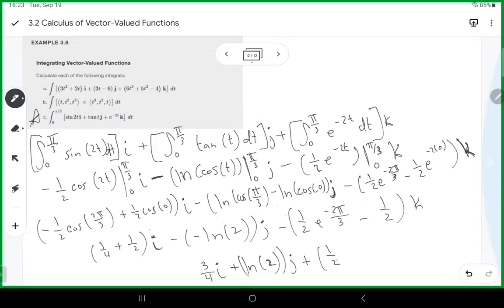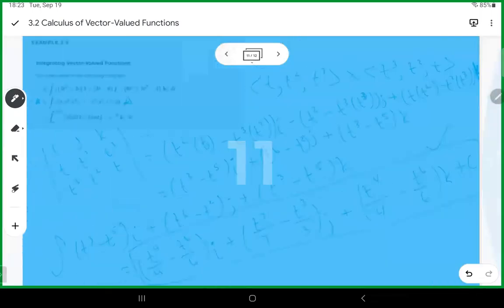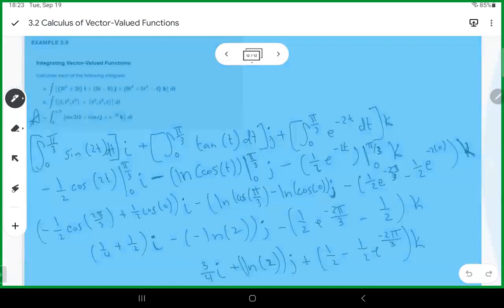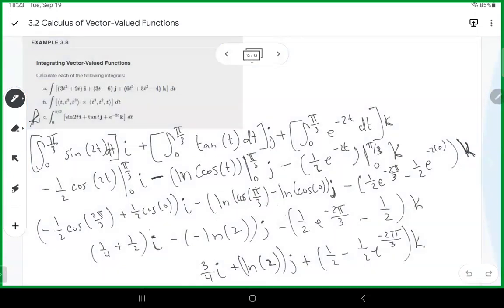Plus 1/2 e, they flipped it around. Hmm. They didn't add their plus c. We're going to.